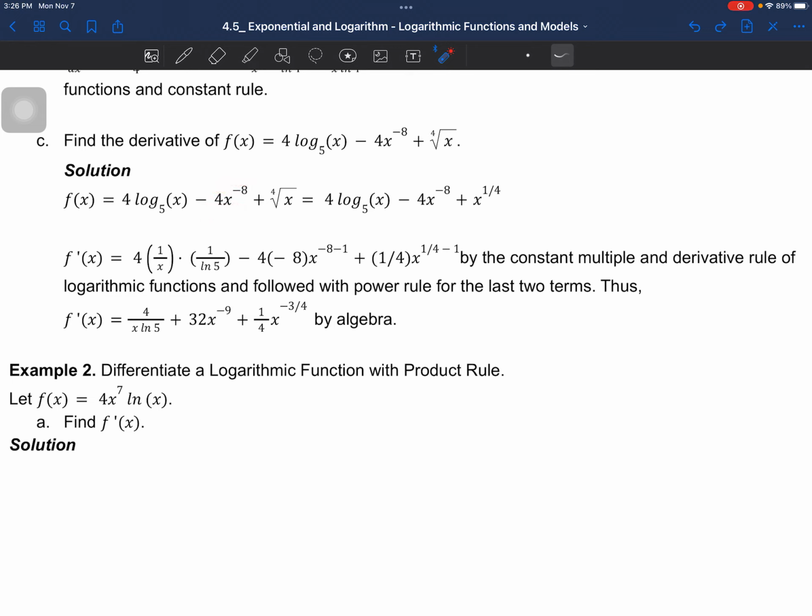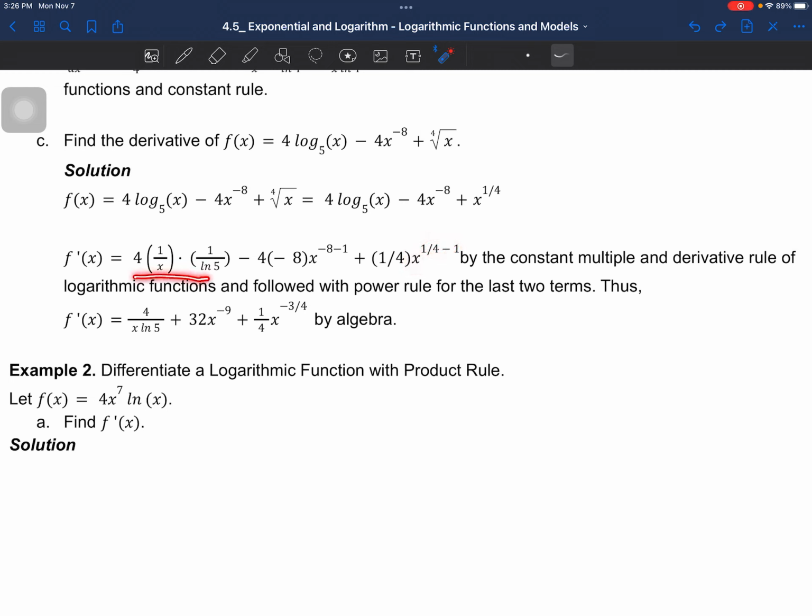And then followed by the derivative of negative 4x to the negative 8. For this one, we just have to use the power rule. So we bring down the negative 8, multiply by negative 4, and then take away 1 from the exponent. That's the power rule.